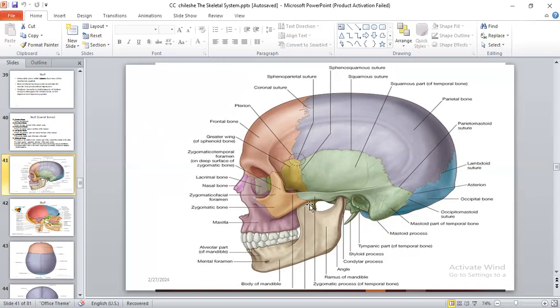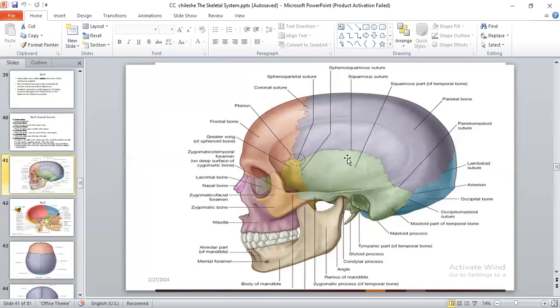When you come to the sides, there is this wing of the sphenoid bone, and then we have this temporal bone. This temporal bone articulates with the zygomatic bone. It articulates with the sphenoid bone.